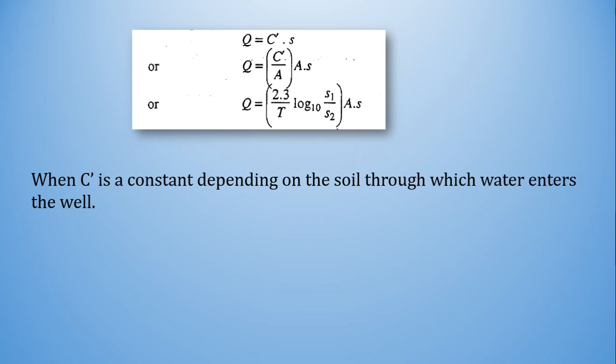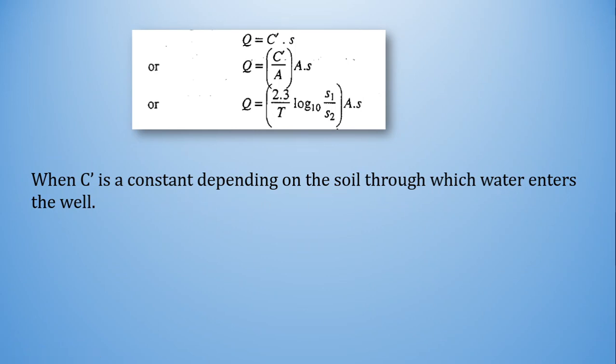With the help of these formulas as derived in the literature, you can find out the discharge by the recuperating test as Q is equal to C dash S, or Q is equal to C dash upon A into S, or simply you just have to remember this formula. Discharge Q is equal to 2.3 upon T log to the base 10 S1 upon S2 into A into S, where C dash is a constant depending upon the soil through which water enters the well.